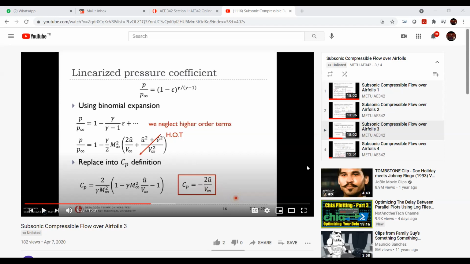We understand this is a complex nonlinear equation, but maybe under certain conditions, this equation could behave like a linear equation. What are those conditions? The conditions are that the main dependent variable is changing a little bit from its baseline value.